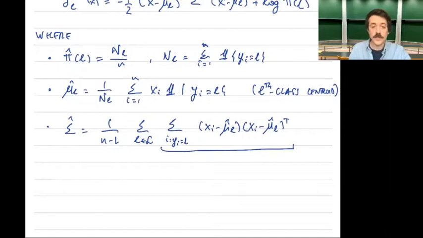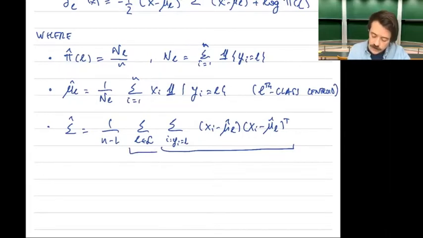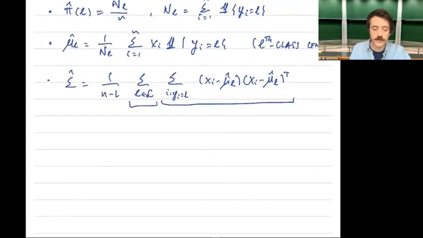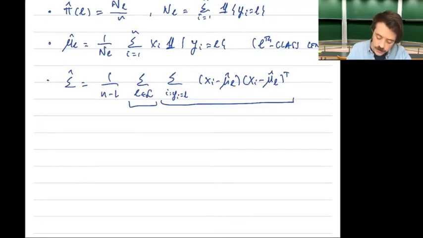But because we assume that they all share this covariance matrix, we can average over them and get a better estimate, okay?